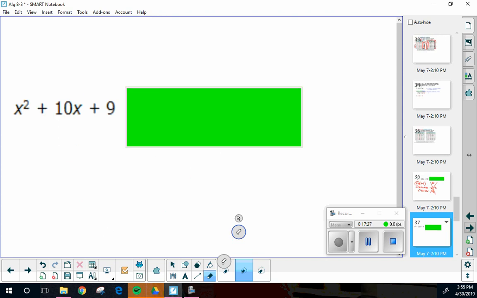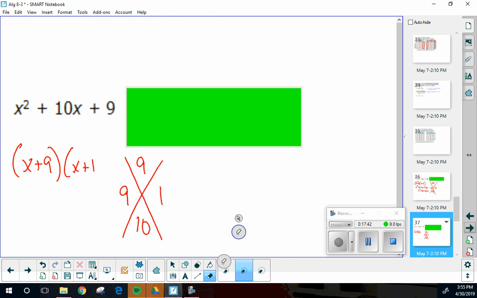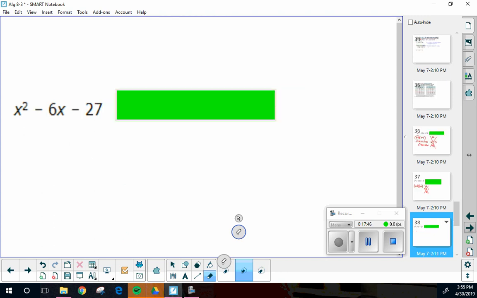Oh, last but not least, another example. 9, 10. This would be 9 and 1. So our answer is x plus 9, x plus 1. This, negative 27, negative 6. This is negative 9.